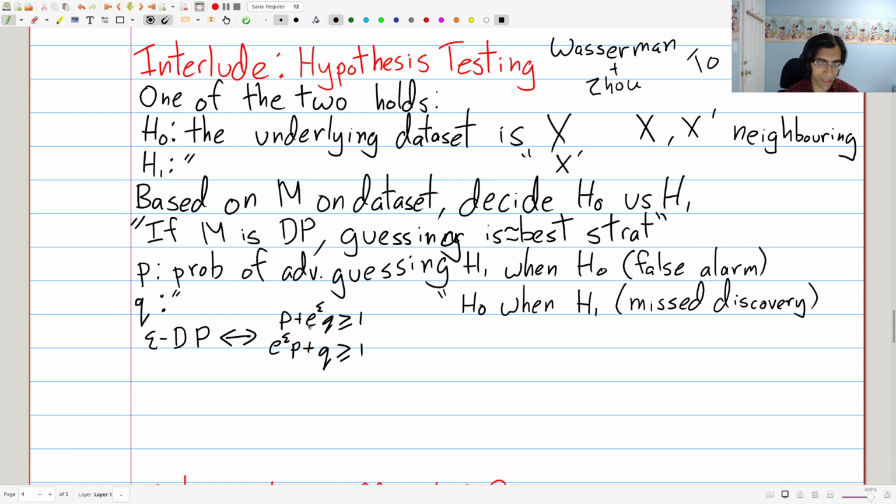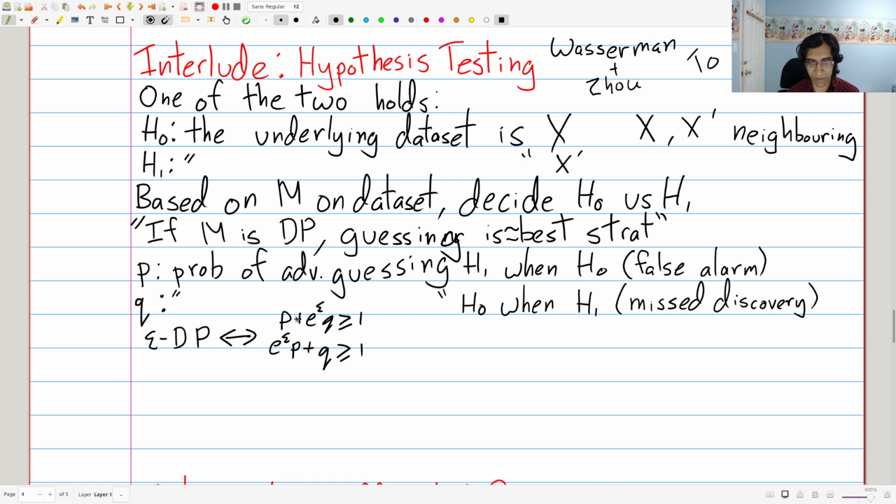So let's look at the extreme case where epsilon equals 0, where we have perfect privacy. In this case, it's similar to the setting I mentioned before, where, for example, we could have random guessing where P and Q would both be 1/2, which would satisfy this inequality. Or we could also have, say, just always guessing H0, which would result in Q being 1 and P being 0, which would also satisfy this inequality.